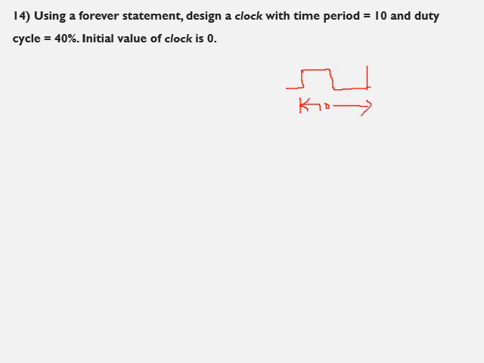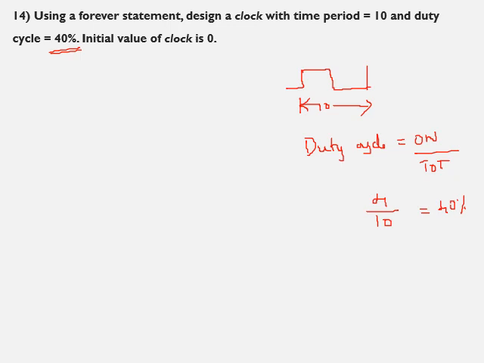Now it is asked to generate a clock with a duty cycle of 40%. Duty cycle is nothing but on period by total period. So total period is 10, and this should be 40%. In that case, it should be on for 4 time units to make it 40%, right?